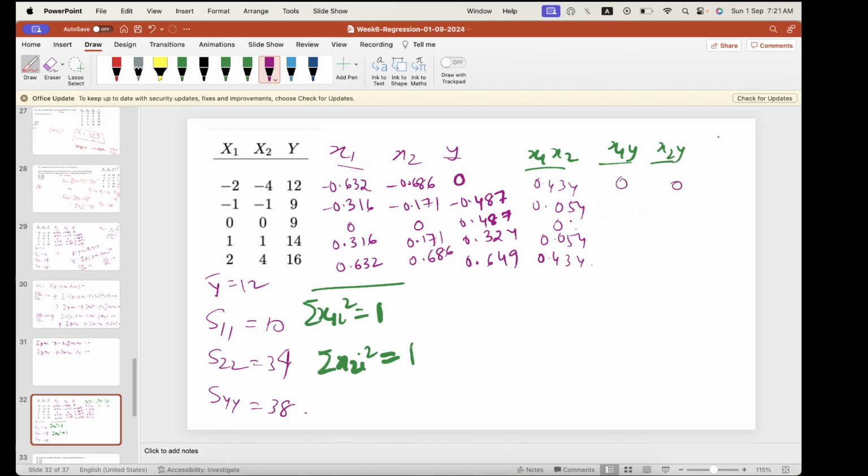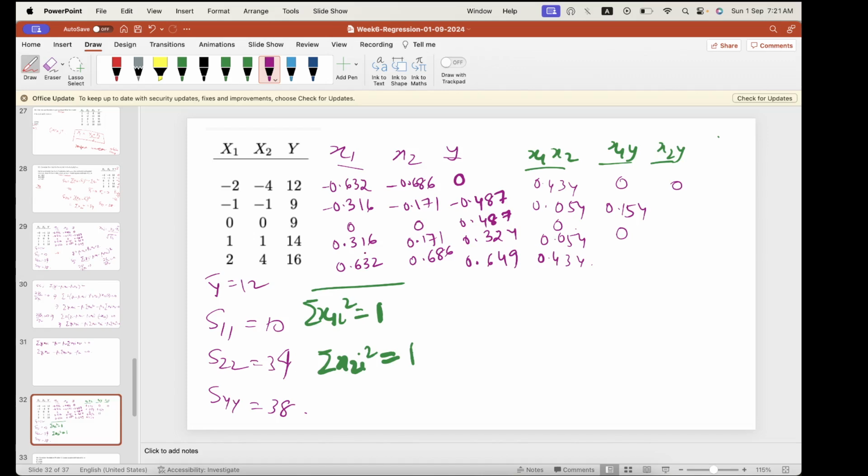So this is 0, 0. Then we have 0.316 into 0.487. So this will be 0.154. This would again be 0 into 0, so 0.